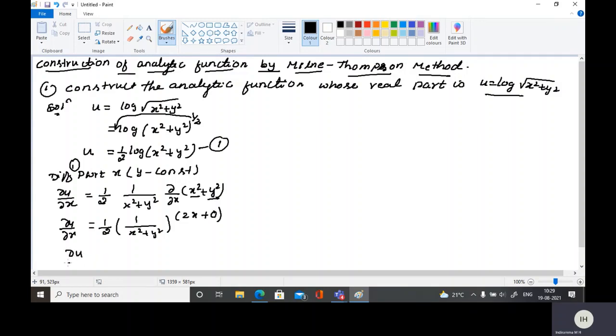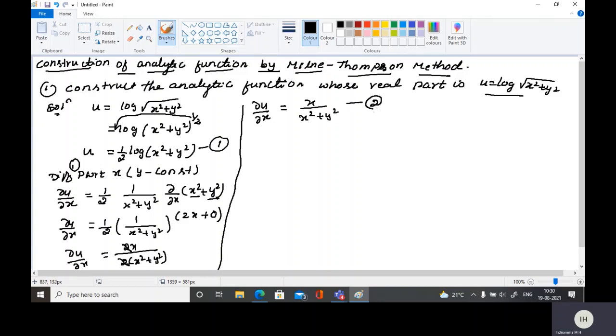Therefore, dou u by dou x is equal to 2x divided by 2 into x square plus y square. Here 2 and 2 cancel. Therefore, we got dou u by dou x is equal to x divided by x square plus y square. Call it equation number 2.